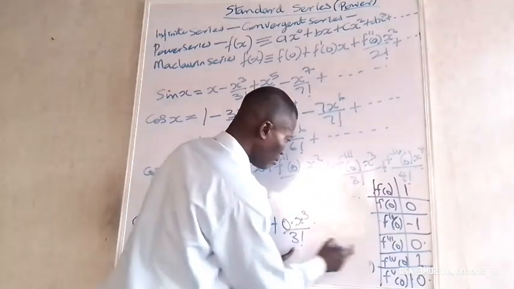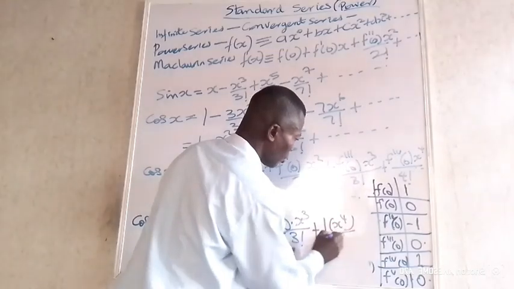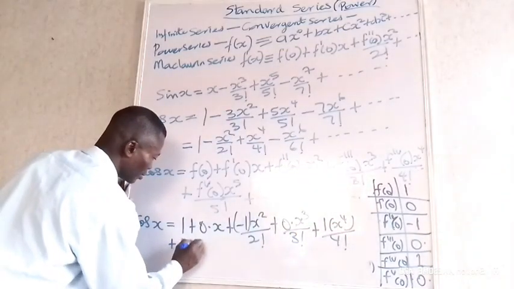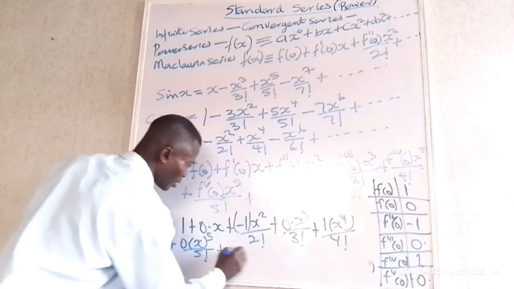Okay. Plus 1 into x raised to the power 4 over 4 factorial, plus 0 into x raised to the power 5 over 5 factorial, and it goes on like that.